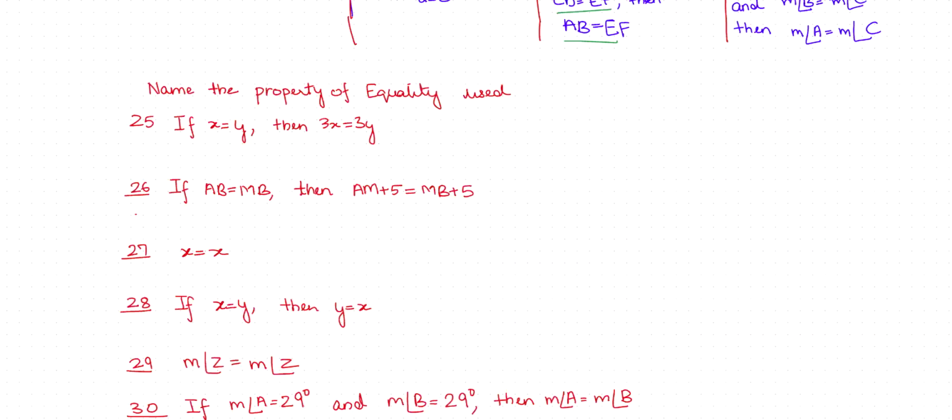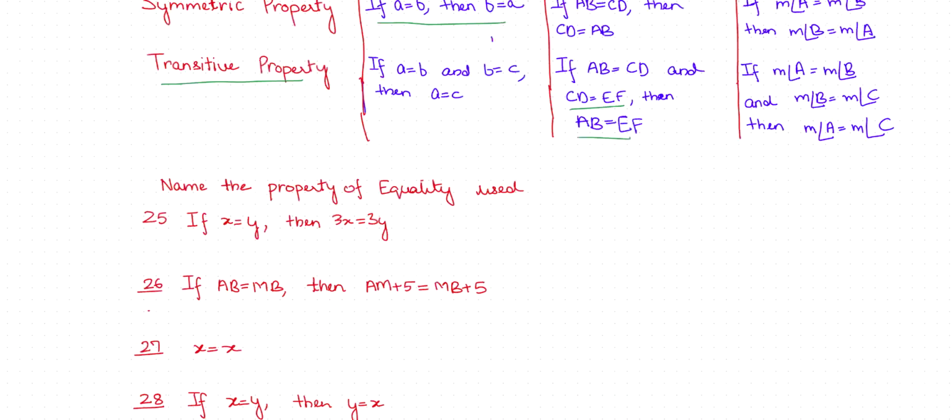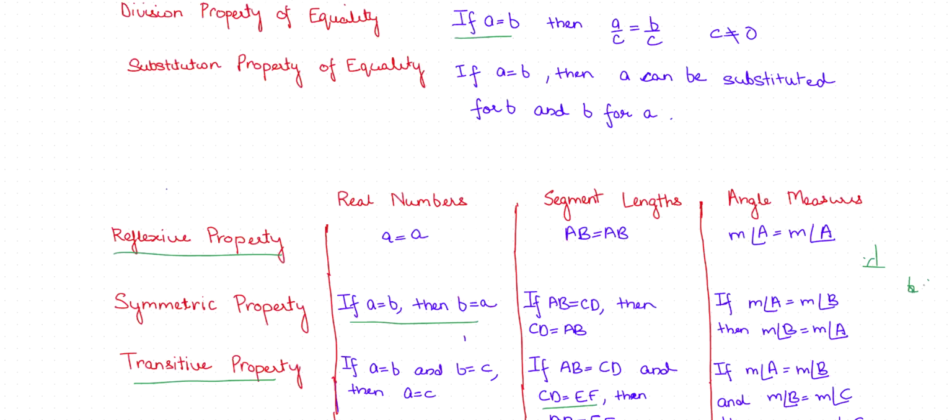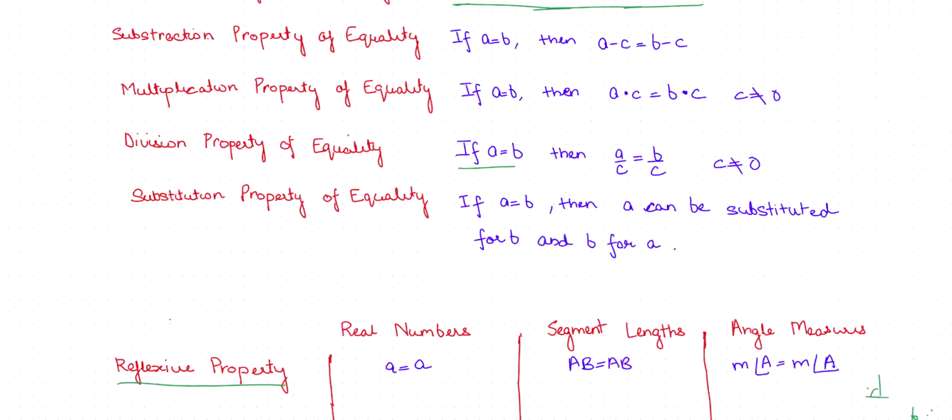So these are the questions given and we have to name the property of equality used. So as we can see here, if x is equal to y, then 3x is equal to 3y. So we are multiplying with the same constant here, this is the multiplication property of equality.